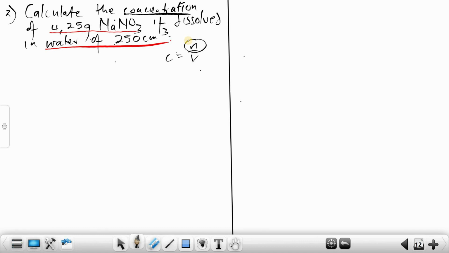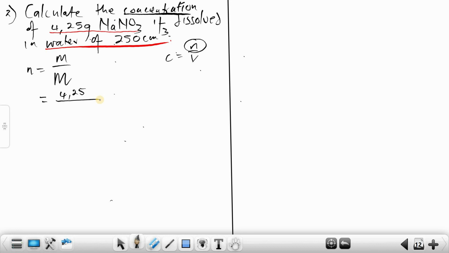There's no other way. So for me to calculate the number of moles, N is equals to M over molar mass, because I am given the mass. Then I have my 4.25 divided now by the molar mass.